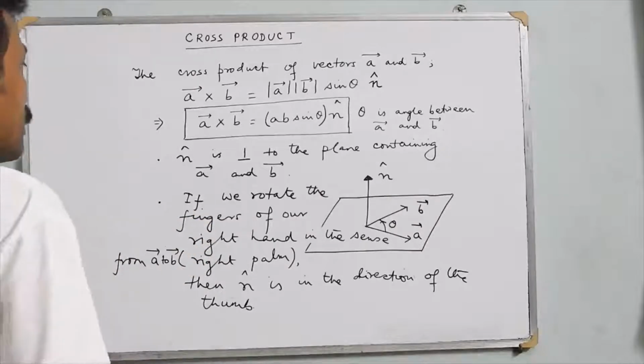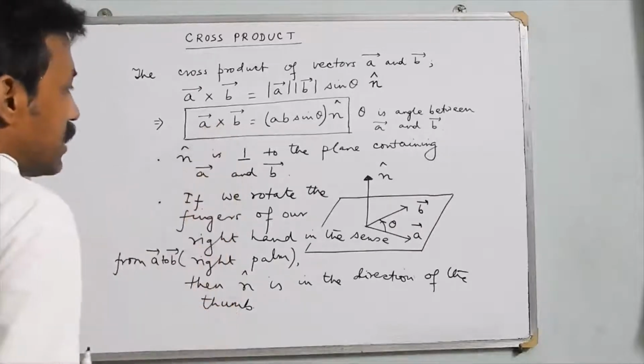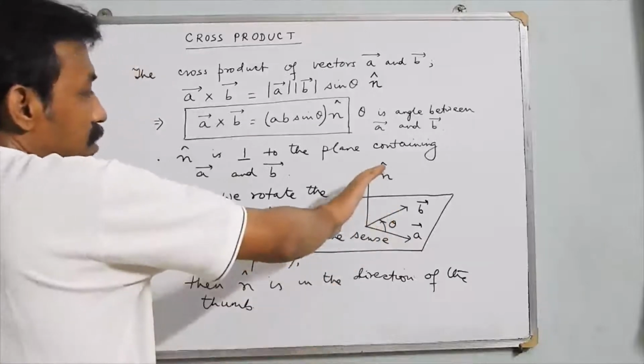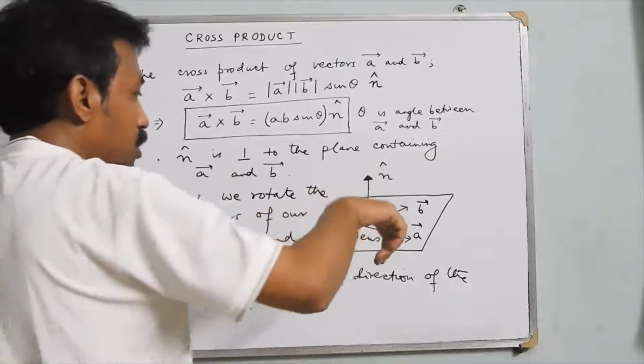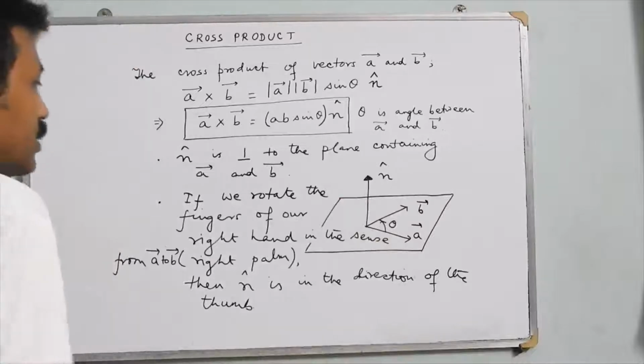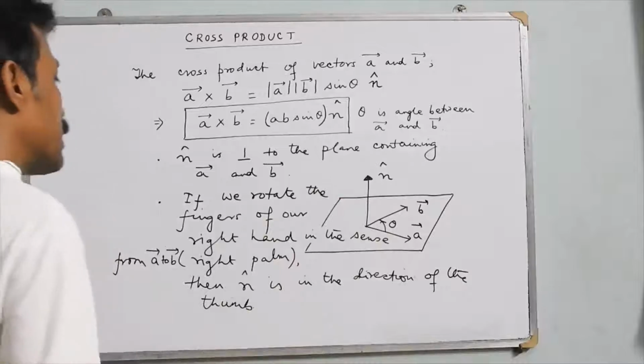If you find B cross A, then you have to rotate the fingers of your right hand from B to A. So if you do that, then your thumb will point into the plane of the board. So it depends on the sense of rotation from A to B or B to A.